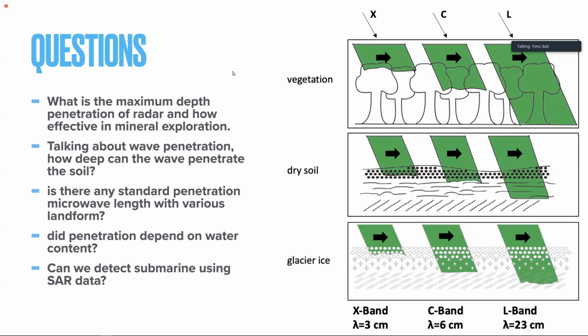We are talking about a couple of centimeters in very dry soil, and with the long wavelengths of L-band, probably a couple of meters in extremely dry sand. That's not going to help you in mineral exploration. And typically, when you have soil that is not very dry, you have almost no penetration.